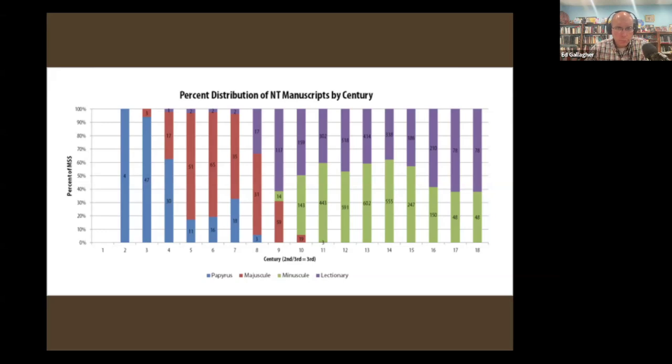There are some people, and this is not the position that is dominant in text critical circles, but there are some people who think that basically what we ought to do is just count up which manuscripts say this, how many manuscripts say this versus how many manuscripts say that, and we'll just go majority rules.